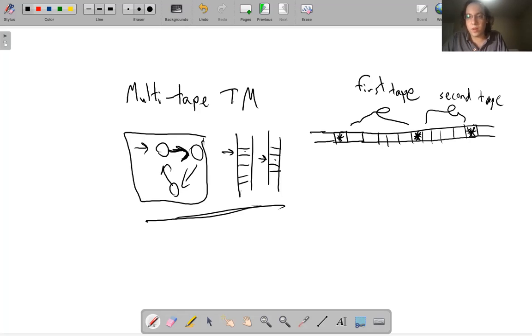We only need a finite space here for the non-blank portion and a finite space here for the other. Now, what if the non-blank portion in the first tape becomes larger than the space we allotted between these boundaries? In that case, we can move the star boundary to the left a couple times, and then erase it from where it was.